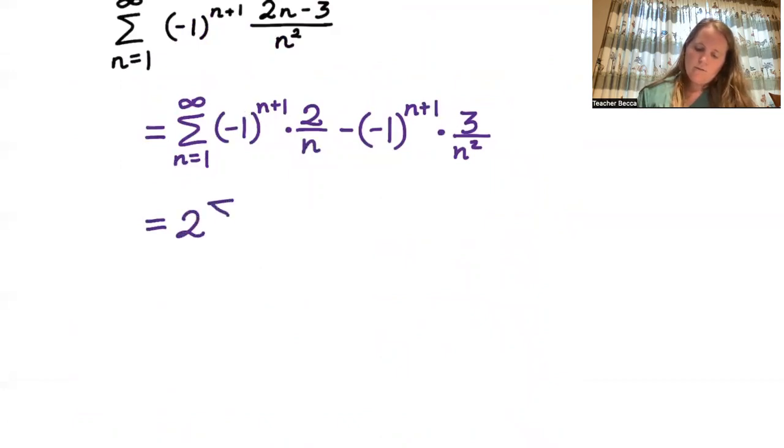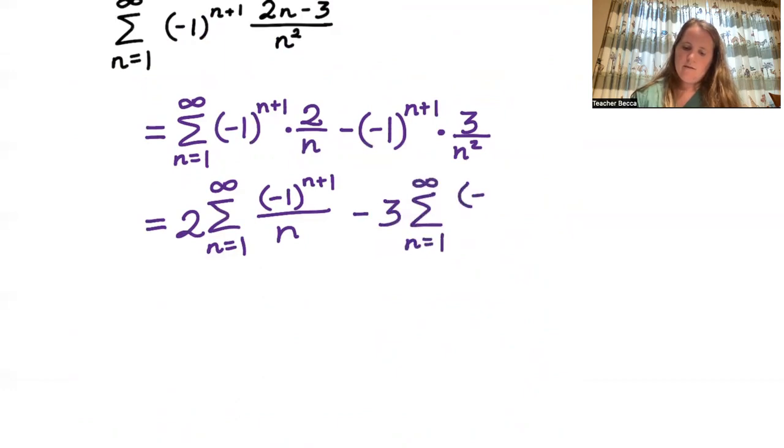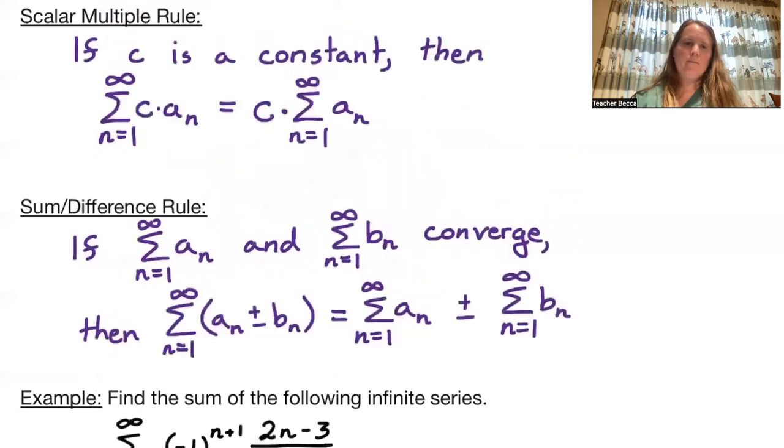So this becomes 2 times the sum from n equals 1 to infinity of -1 to the n plus 1 over n. Then we have minus 3 times the sum from n equals 1 to infinity of -1 to the n plus 1 over n squared.